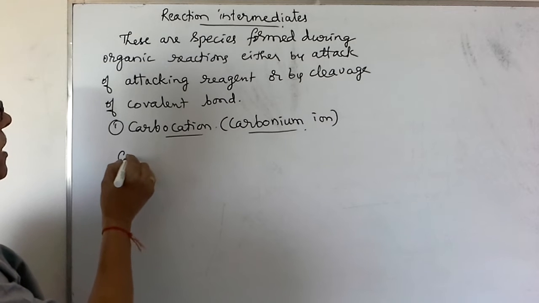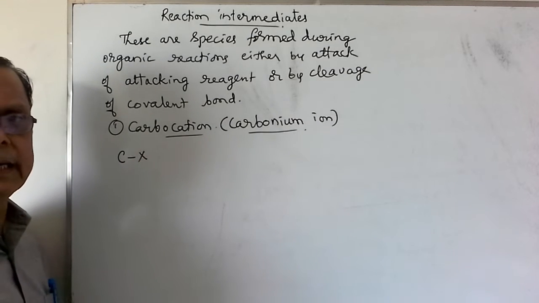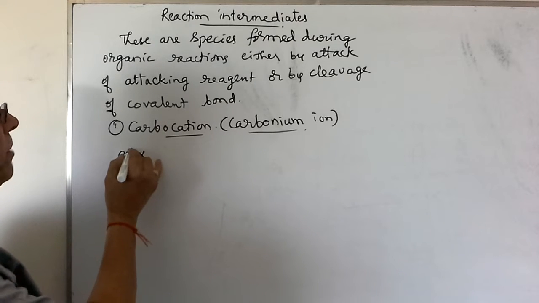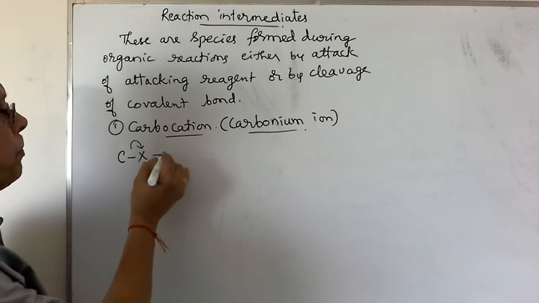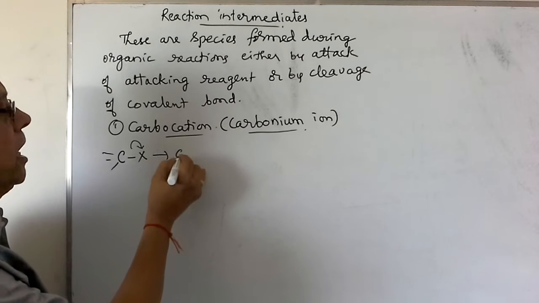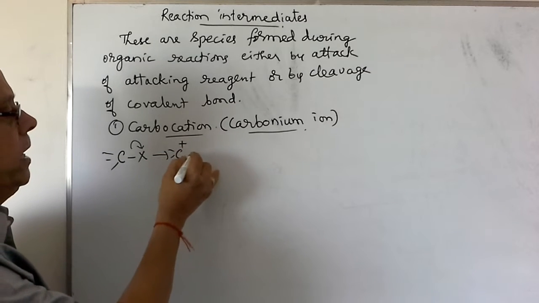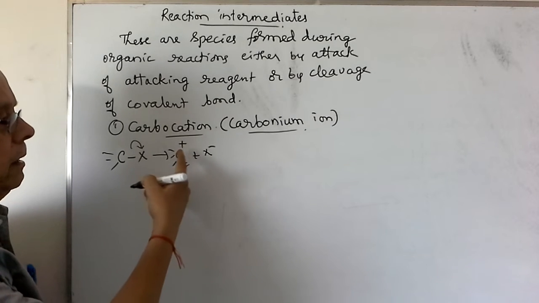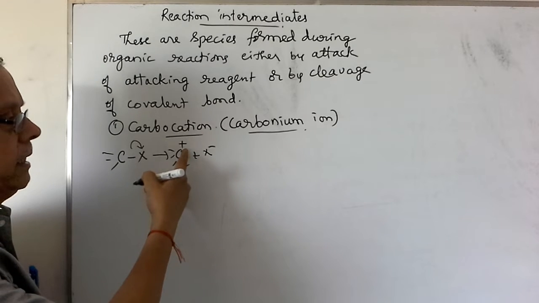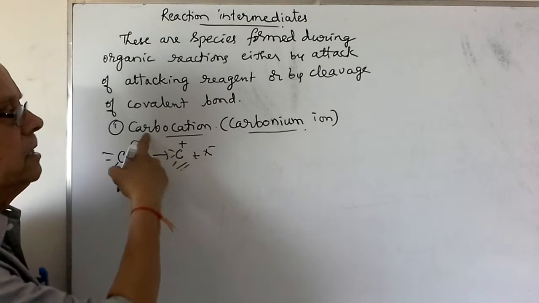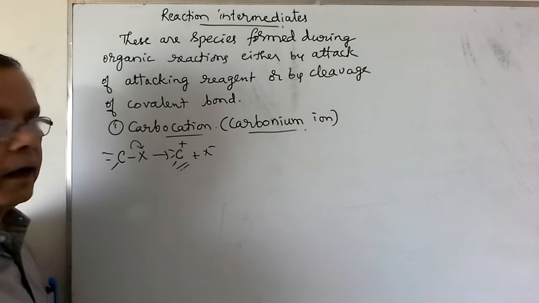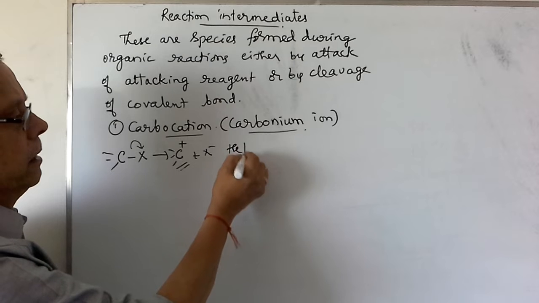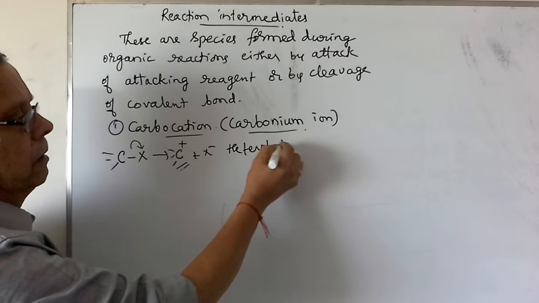Assume that there is a carbon atom containing a more electronegative element like halogen X. Then since a more electronegative element will take up these electrons, it will split up to give rise to this carbon with positive charge and X group with negative charge. When this carbon atom becomes electron deficient, it carries a positive charge, and such a species is named as the carbocation or carbonium ion. So this is formed by heterolytic bond cleavage.